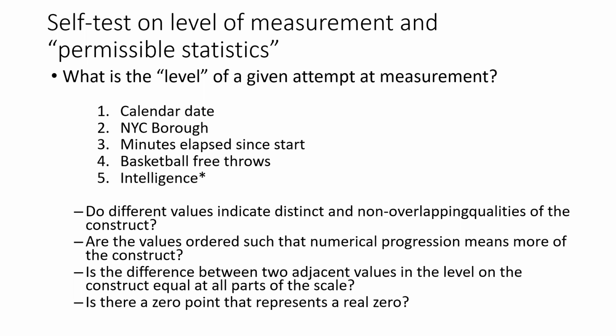So is the distance between the intelligence of someone with an IQ of 150, compared to someone with an IQ of 130, that's 20 points, the same magnitude of difference as the difference between somebody with an IQ of 90 and someone with an IQ of 110? That's 20 points between 90 and 110, and 20 between 130 and 150.